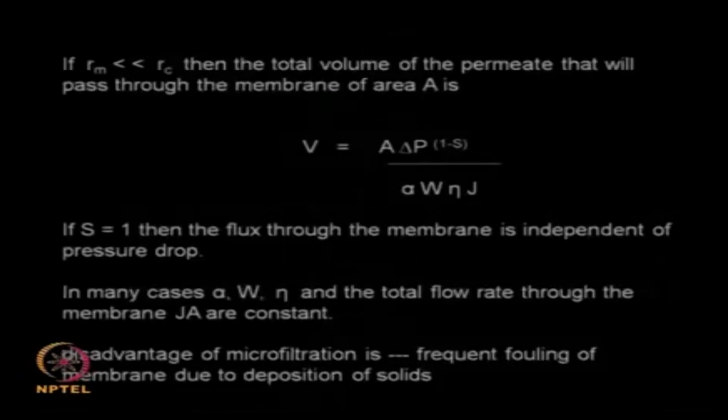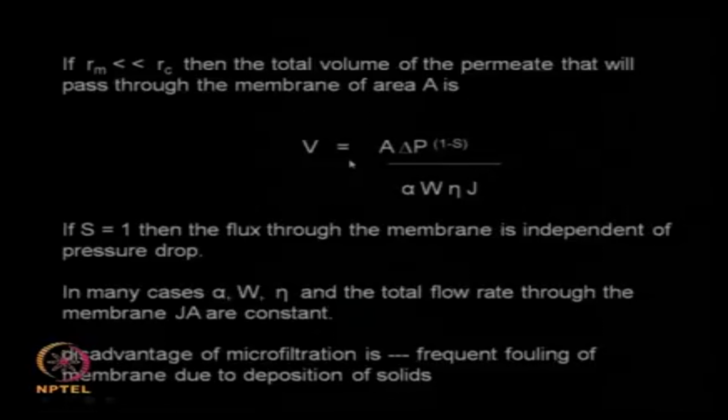Of course if we assume that Rm, the resistance offered by your membrane material, is very small, we can neglect that. Now in many cases alpha, W, eta and the total flow rate through the membrane are constant, we can assume.